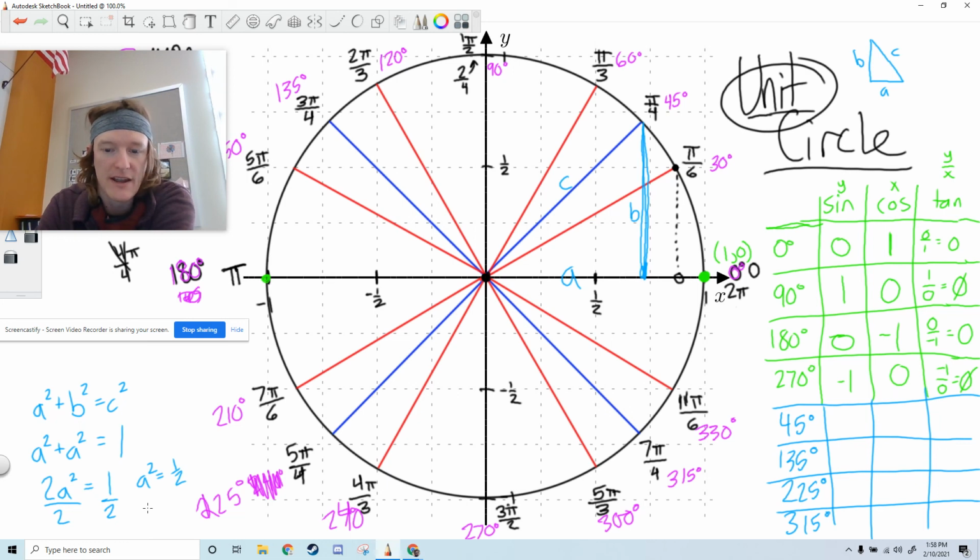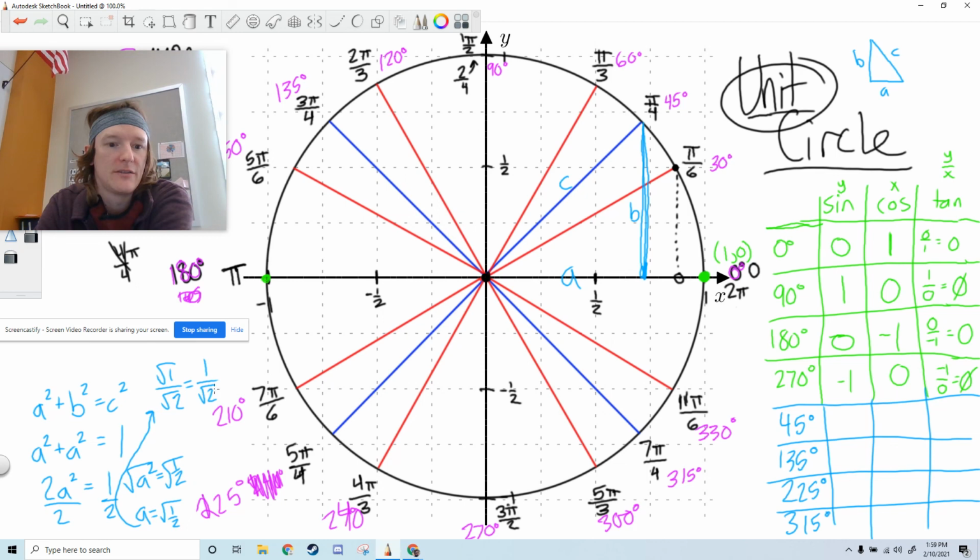And to figure out what A equals, we do the square root of both of these. So it'll be the square root of 1/2. In other words, the square root of 1 over the square root of 2. Square root of 1 is 1. Square root of 2 is the square root of 2.